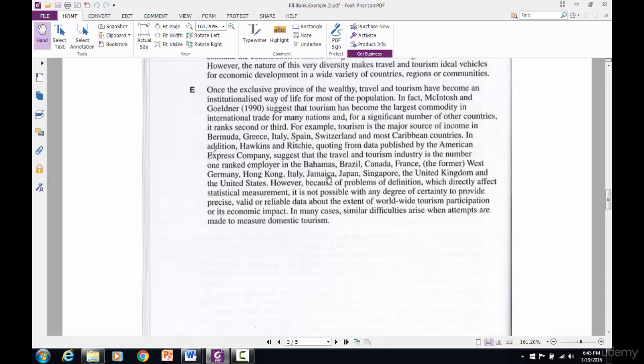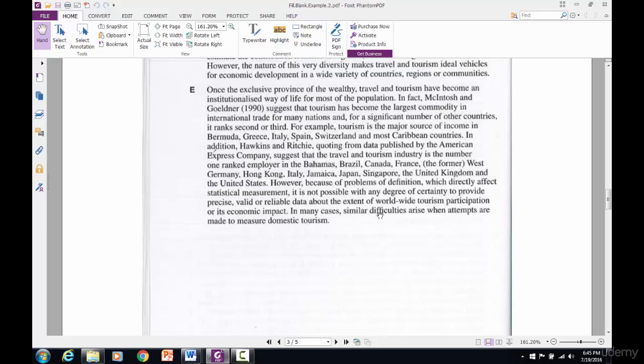All right, so let's see. Here we go. Here's the word difficulties. Difficulties is a synonym for the word problems. This is the sentence that I'm looking for.